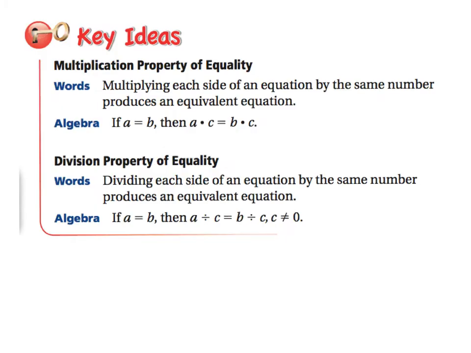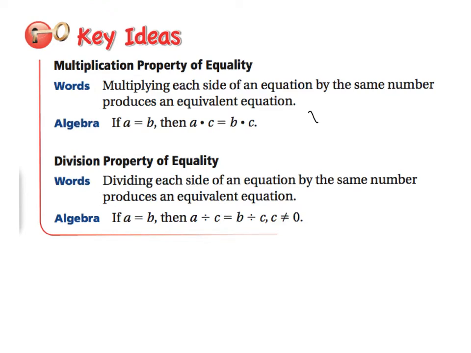Here's your key ideas. Now, multiplication property of equality, here's what it says. In words, multiplying each side of the equation by the same number produces an equivalent equation. So, for example, if you had A equals B, and you multiplied C to A, then you also have to multiply C to B. An example of that would look like this.